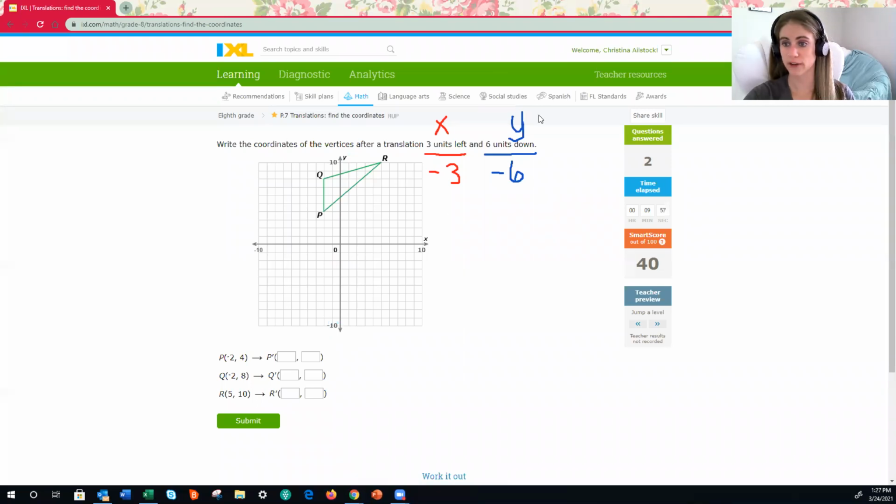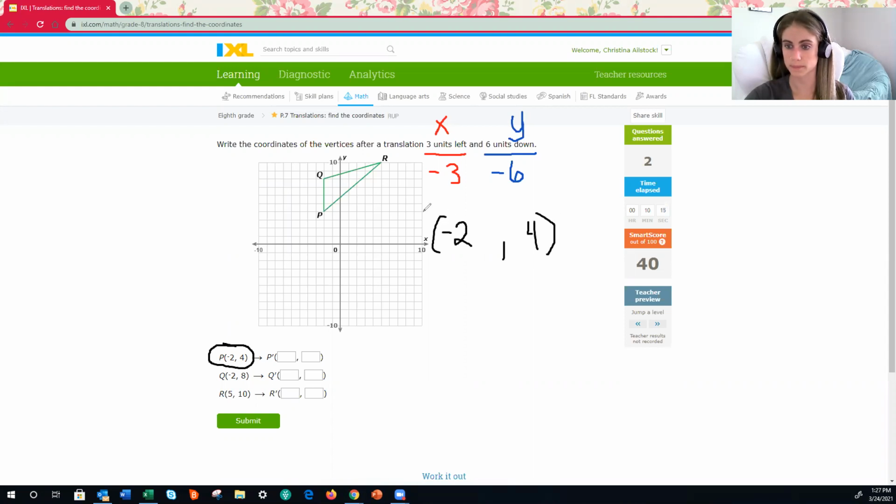Let's go ahead and do that for our very first point. So I'm going to write some of it off to the side here so I have room to work. So point P is originally located at -2, 4.